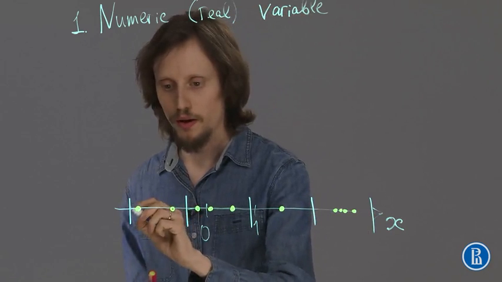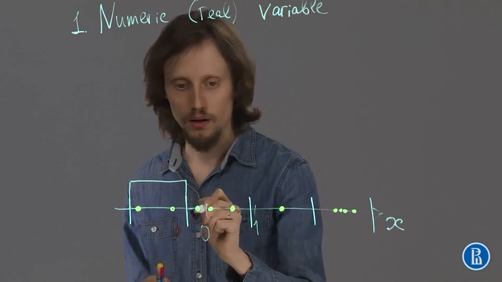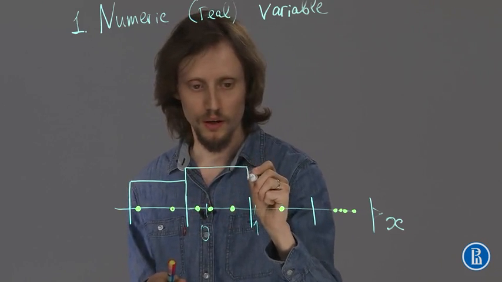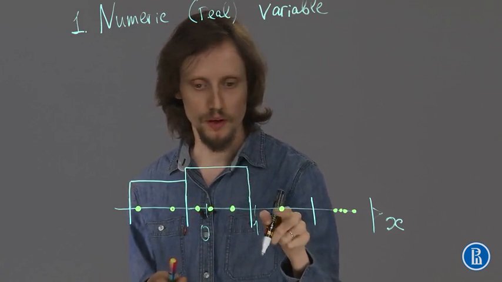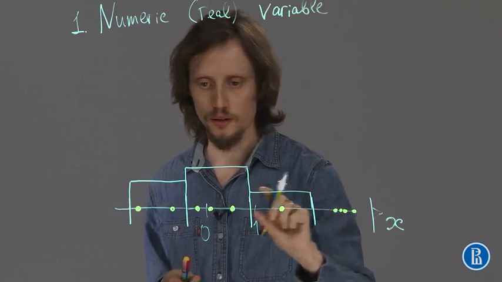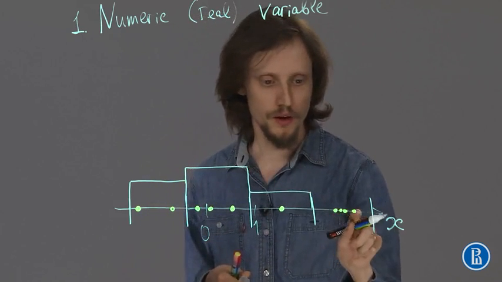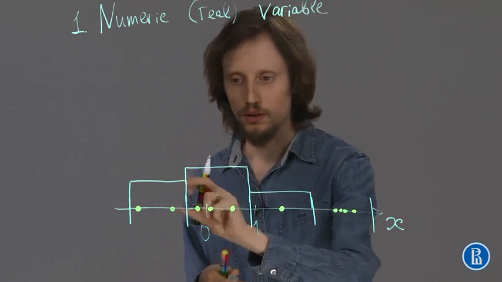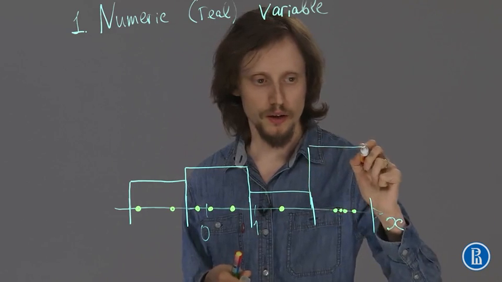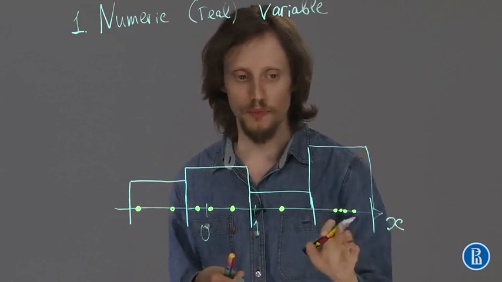So we have 2 points here. Here we have 3 points, so it is a little bit taller. Here we have 1 point, so this rectangle is half as tall as the first. And we have 4 points here, so this rectangle has to be twice as large as that rectangle.